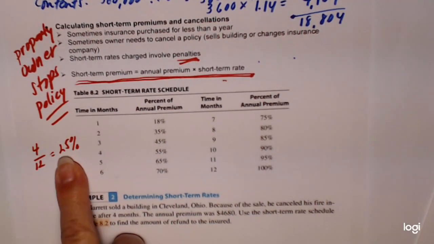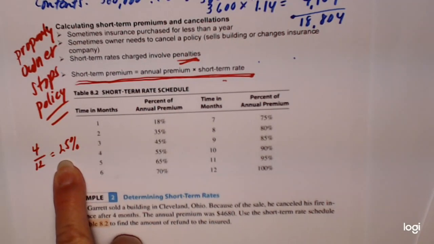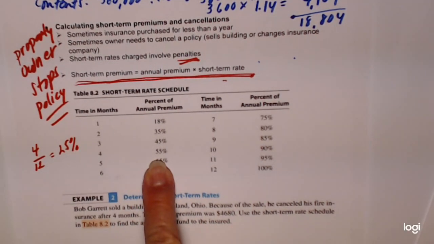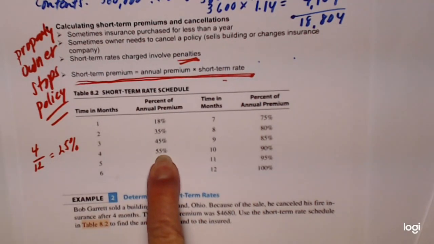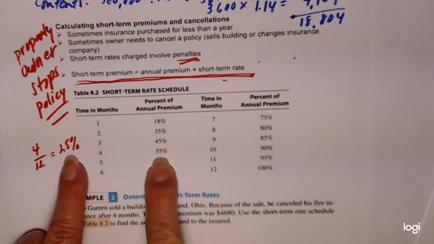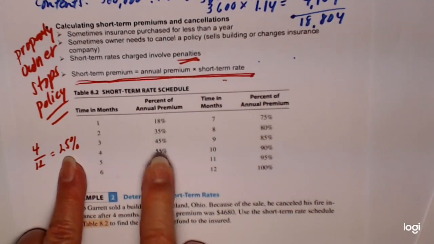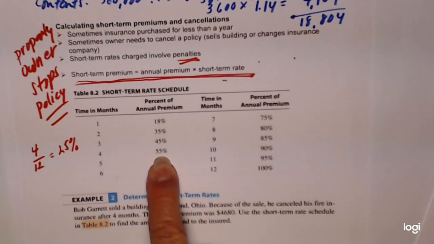So you would think that we would be charged 25% of the annual premium. No, if we look here, we can see it's 55%. So this 25 versus 55% is what the insurance company is going to charge. This is the penalty here. They are going to be making more money to let the property owner out of the policy before the year is up.